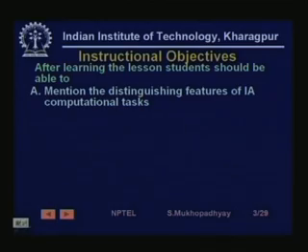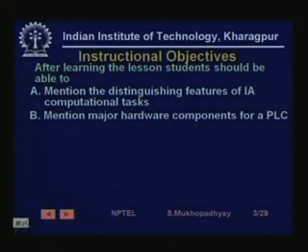A PLC basically is a computer, so it performs computational tasks related to industrial automation, but these tasks have certain very distinguishing features compared to other tasks which are, let us say, done in an office environment. So, you should be able to mention some of these features.